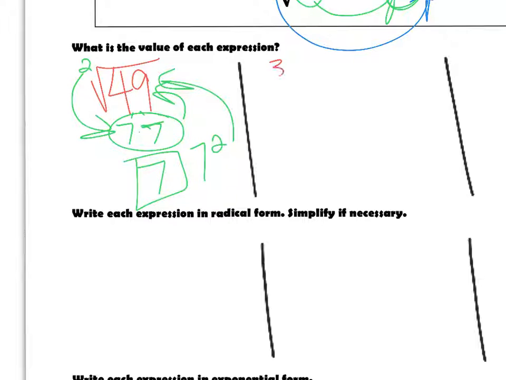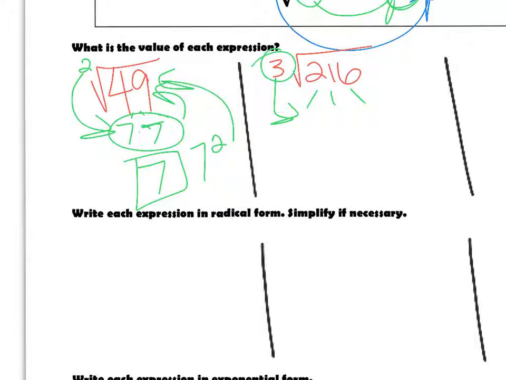So if I want to know what the cubed root of 216 is, what I'm asking myself here is what number multiplied by itself 3 times would give me 216. Now for these ones, you may just have to do a little bit of guessing and checking. If you do 2 cubed, it's going to be 8. 3 cubed is 27. 4 cubed, 5 cubed.